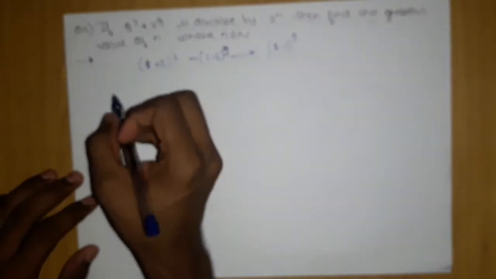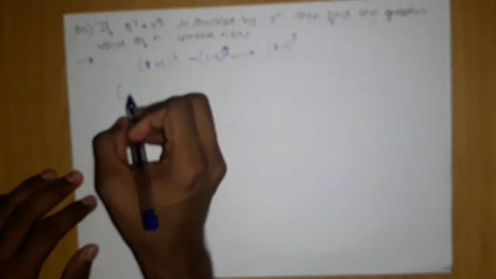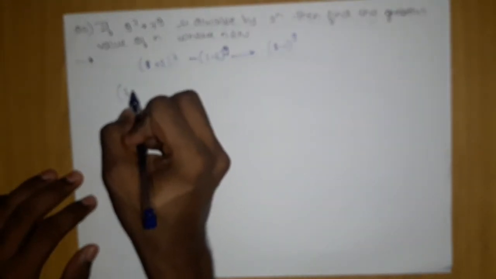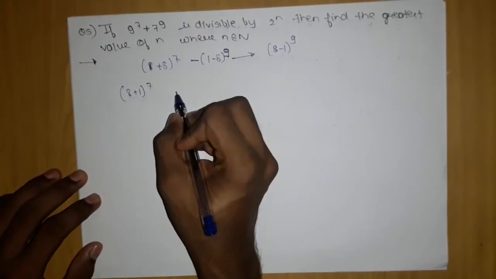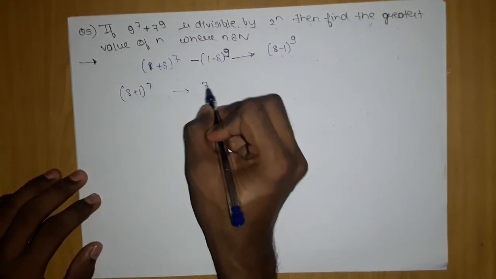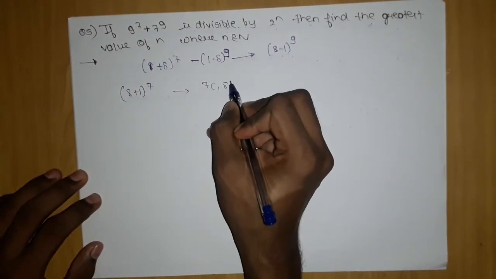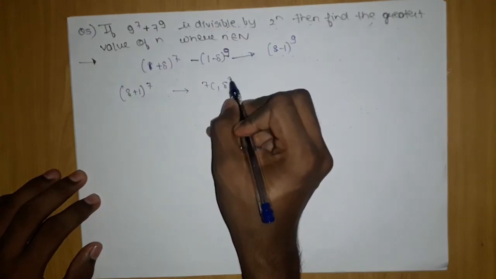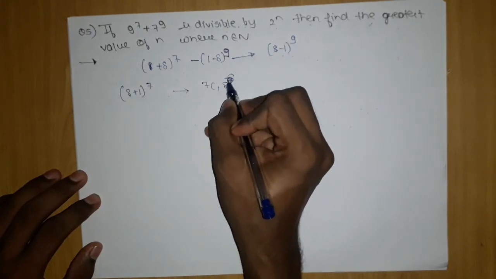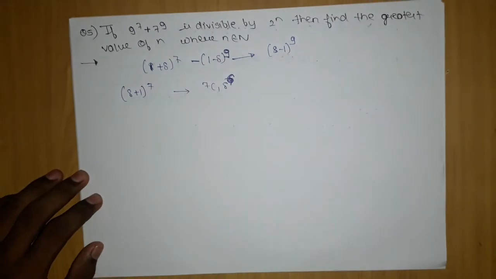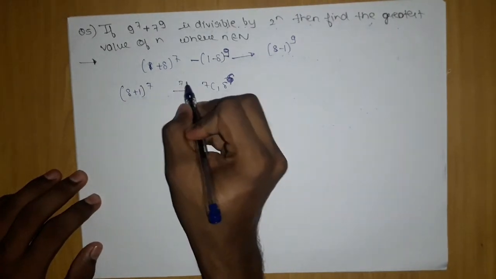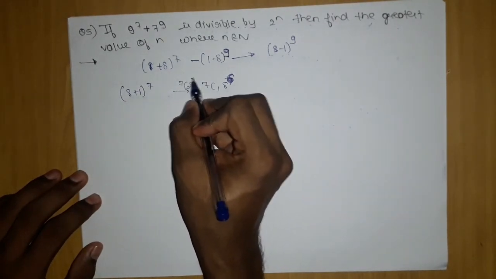The thing which makes the expansion easy is this: if you write 8 plus 1 and do its expansion, in the starting 7c0 will be 8 power 7, then 7c1 will be 8 power 6.